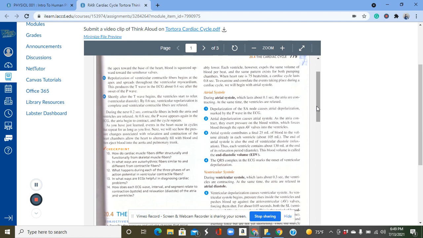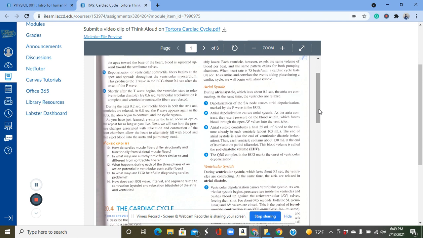As the atria contract, they exert pressure on the blood within, which forces blood through the open AV valves into the ventricles. Number 3, atrial systole contributes a final 25 milliliters of blood to the volume already in each ventricle, about 105 milliliters.